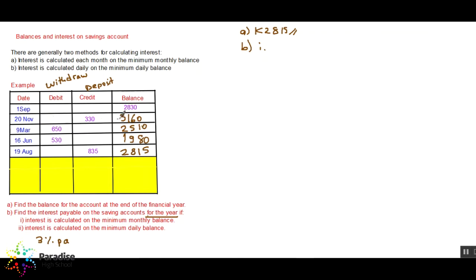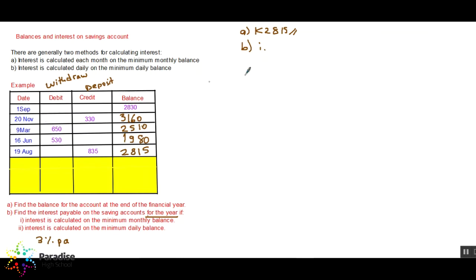Which one will the bank choose for the month of November? The bank always chooses the lowest amount. So for the month of November, there is 2,830 until 20th of November. On 20th of November, you have 3,160. They are going to choose 2,830 because this is the amount in the morning in your account.